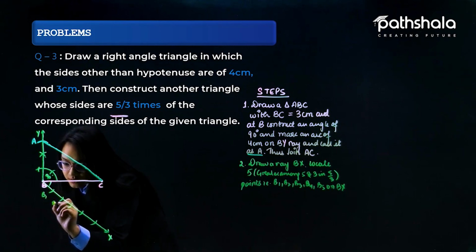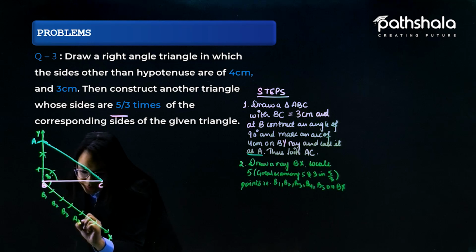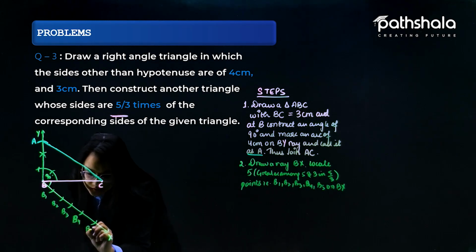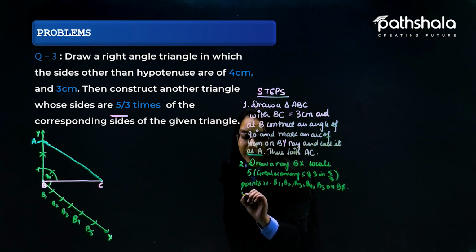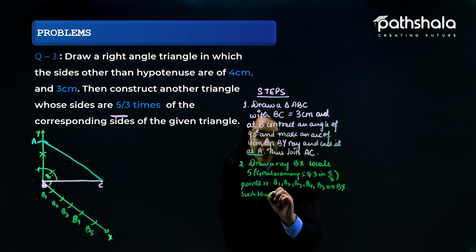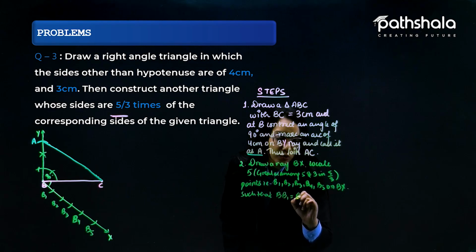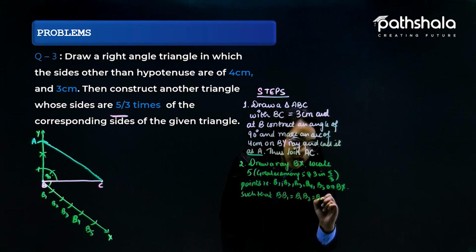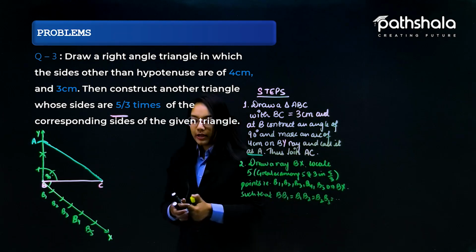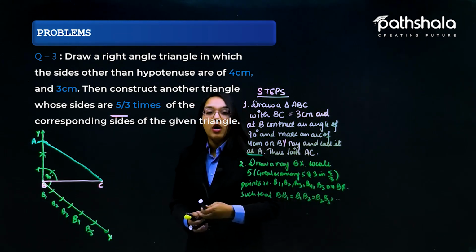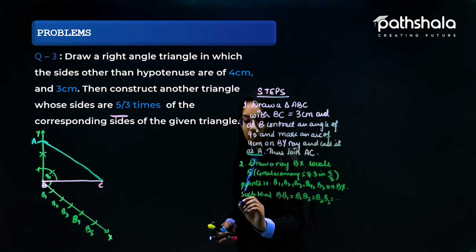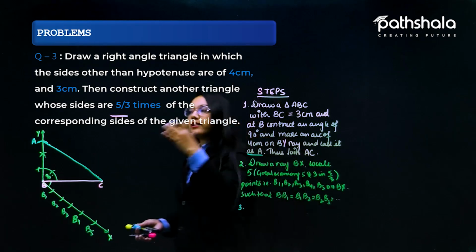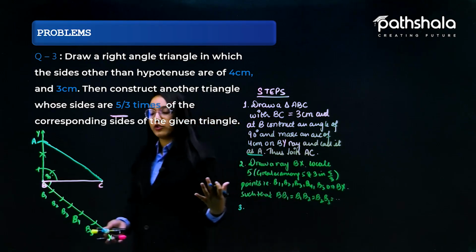This is B1, B2, B3, B4, B5, such that all of them are equal to each other, meaning BB1 equals B1B2 equals B2B3, and so on. The next step: as the ratio 5/3 is greater than 1, the triangle is outside this triangle, meaning a greater triangle should be formed.